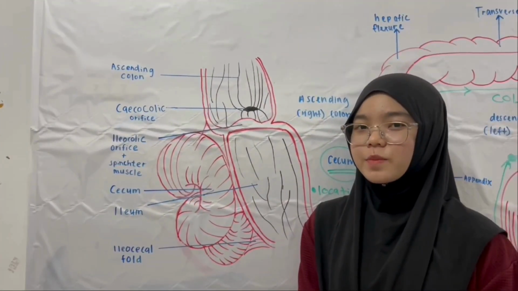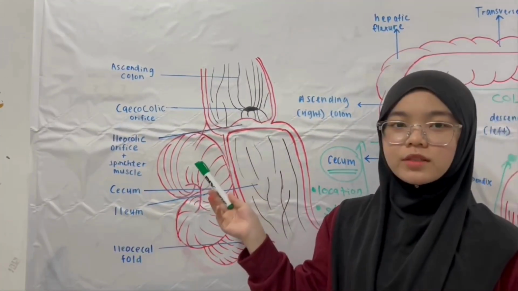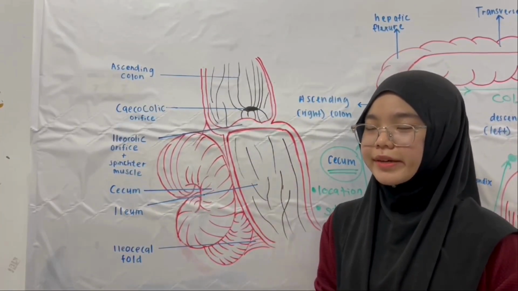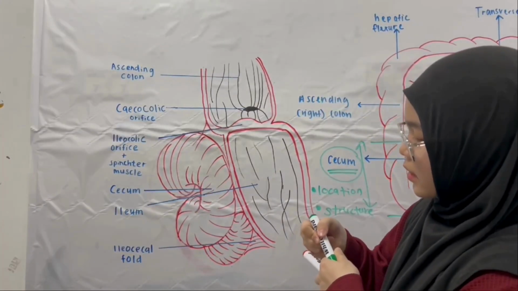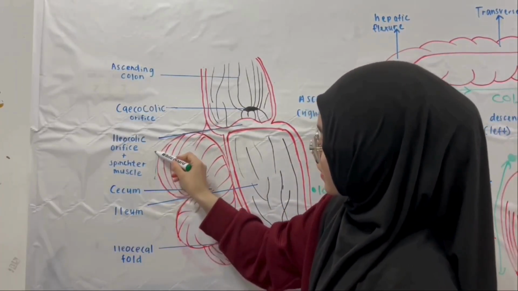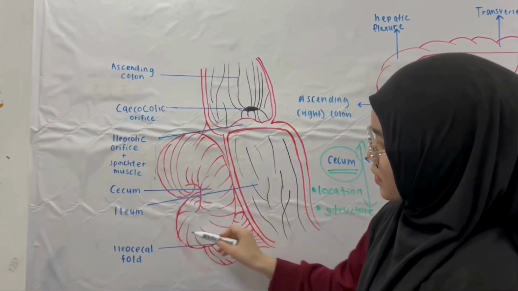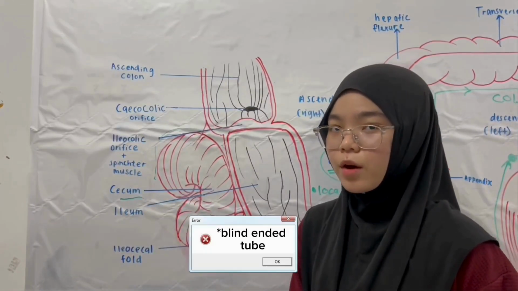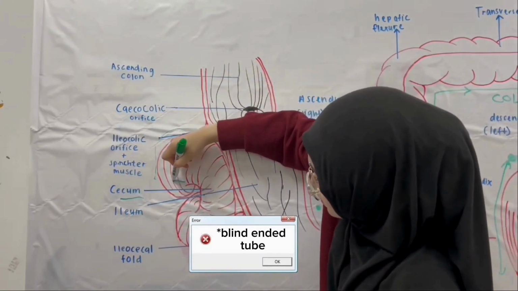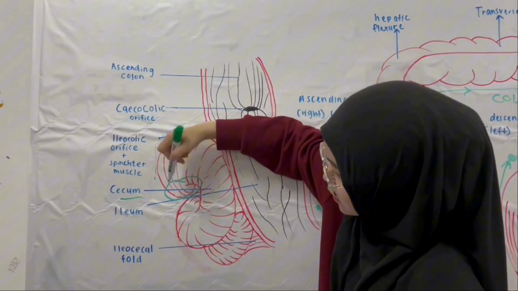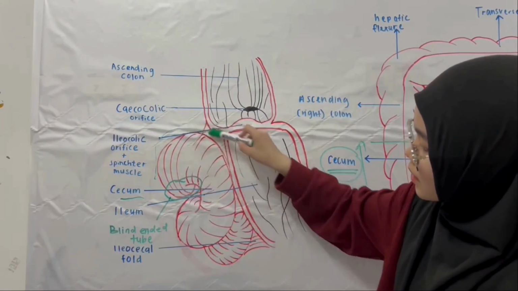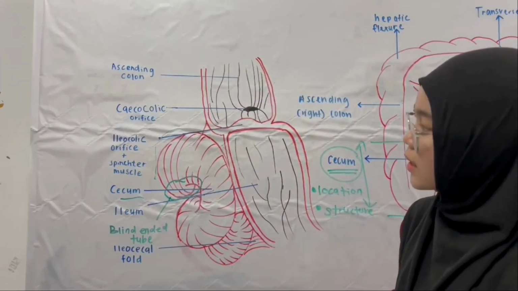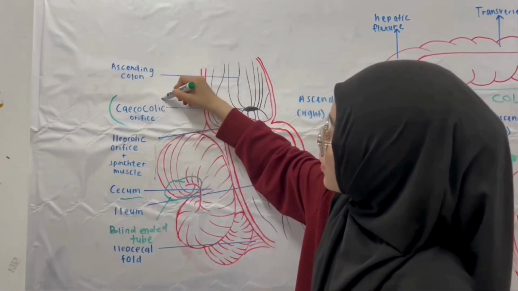Alright, for the next part, I'm going to talk about the structure. Here's the cross-section of the large intestine. You can see, here is the cecum. The cecum has a blind-ended pouch, which is located here. The cecum is connected to the colon by the cecocolic orifice.